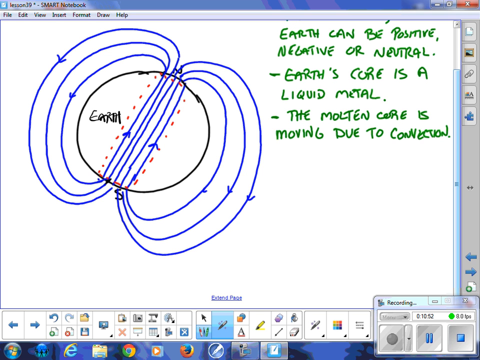And again, this is why your compass will point to magnetic north for you when you're out orienteering or finding your way through the wilderness. Very, very important, and we are influenced by it every day. Because we're on Earth, we are within the Earth's magnetic field, so we're already experiencing it.